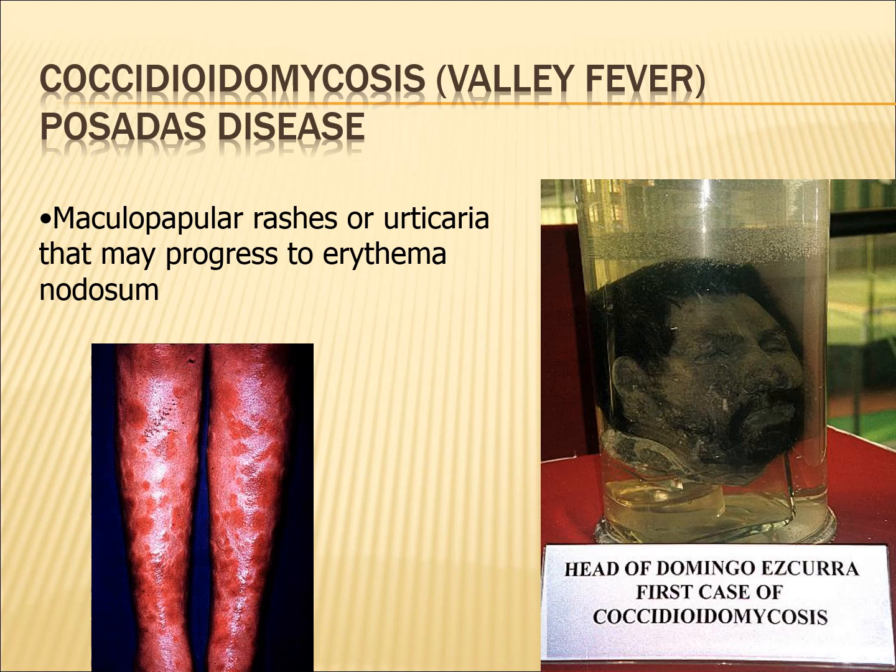One of the most common complications of coccidioidomycosis is a condition called erythema nodosum, inflammation of the fat under the skin. It appears as tender nodules in the lower extremities.